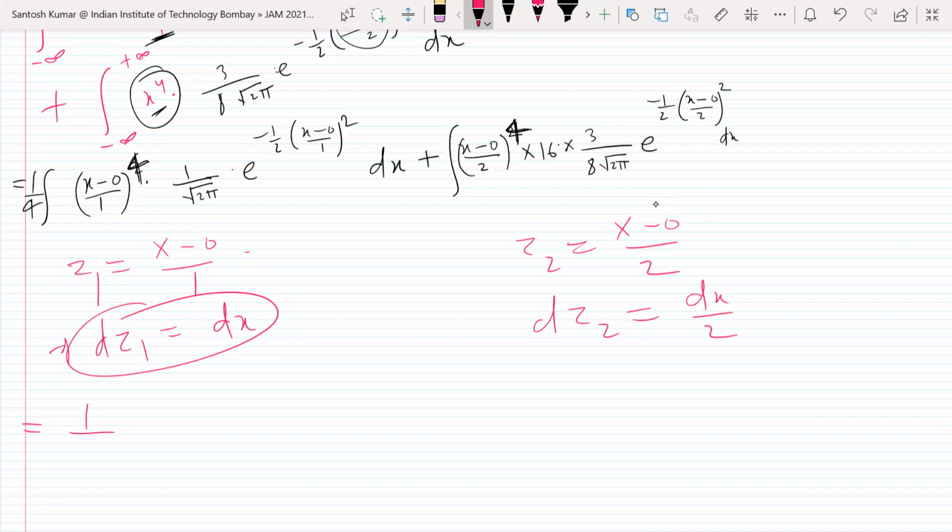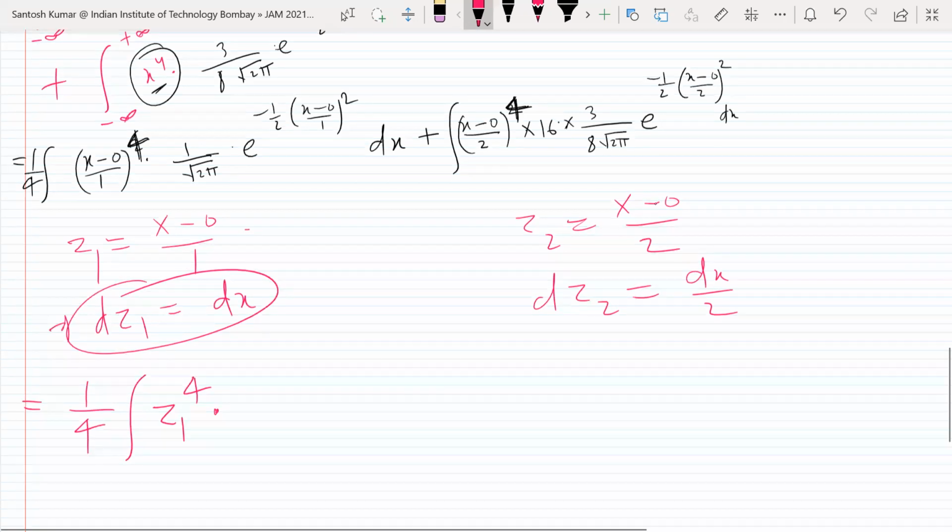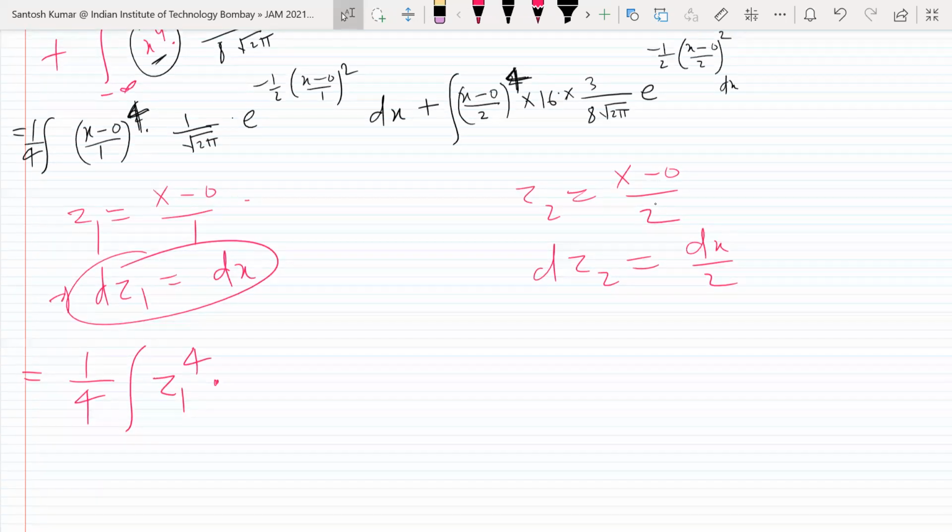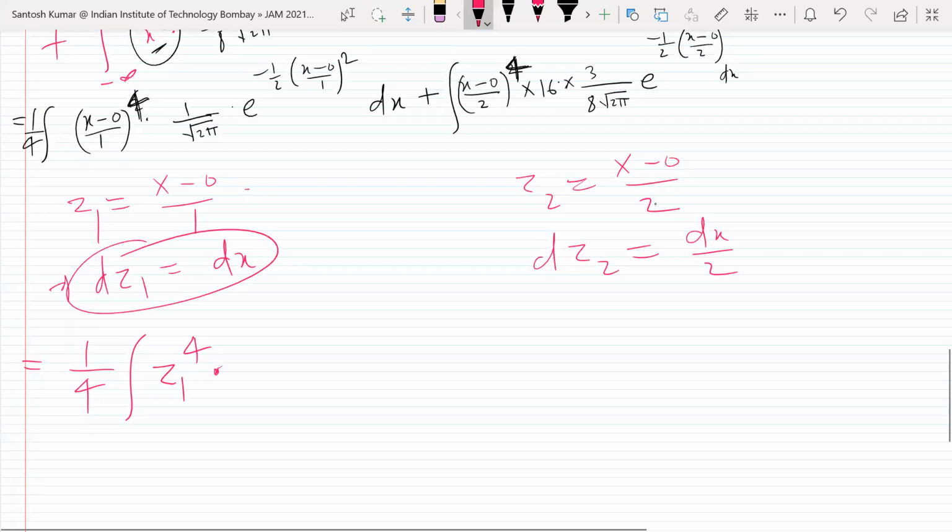So I'm writing that integral in this form: 1 by 4 z1^4 into 1 by root 2 pi e raised to power minus half z1 square dz1, because dz1 is the same as dx. Just for your understanding I'm writing all these things, but I know the way you can directly solve within 1 minute. You can also directly write these things, but first you have to proceed in this way to understand.